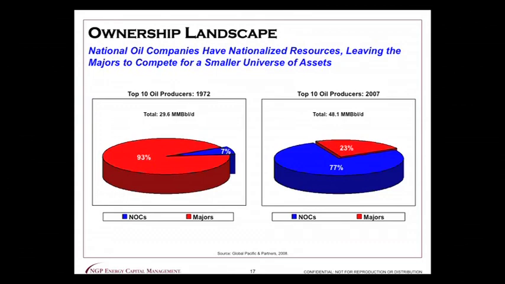What's good about nationalism? Nationalism is good because if you look at the evidence in the last 50 years, it ensures the flow of oil. You look at countries where oil is nationalized, you don't see interruptions. You look at Libya, for example, 1.6 million throughout 3 decades. Nothing.